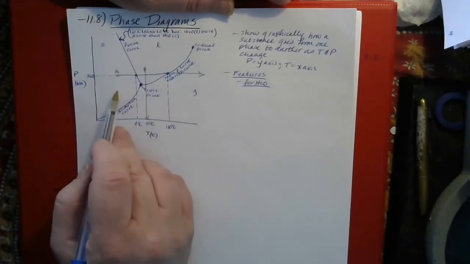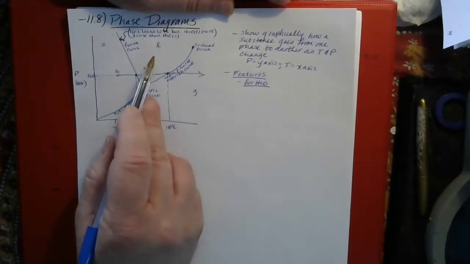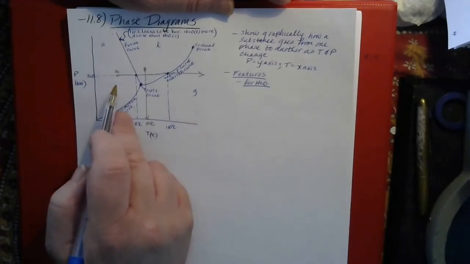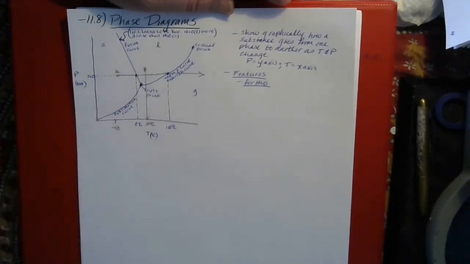If you change the conditions from someplace that's, say, here in the liquid region to a combination of pressure and temperature that would be, say, here in the solid region, well, then the liquid is going to freeze and become a solid. And so you basically just trace a path from the original conditions to the final conditions, and you can see what's going to happen.